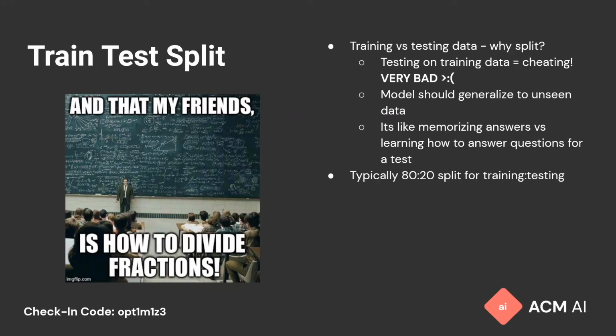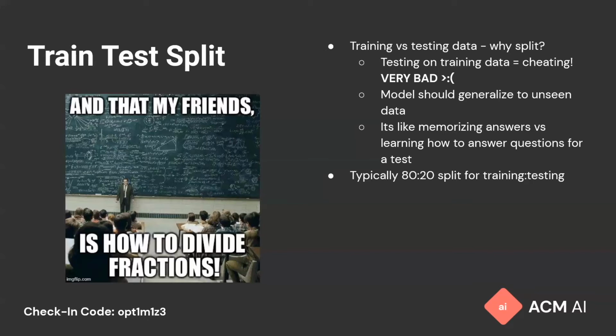The problem with using just a training data set is that your model has already seen this data before. In a way, it has already memorized the answers. So if you're testing it on your training data set, you're only testing how well it can remember some data, not how well it actually learned the distinct characteristics of your data set.